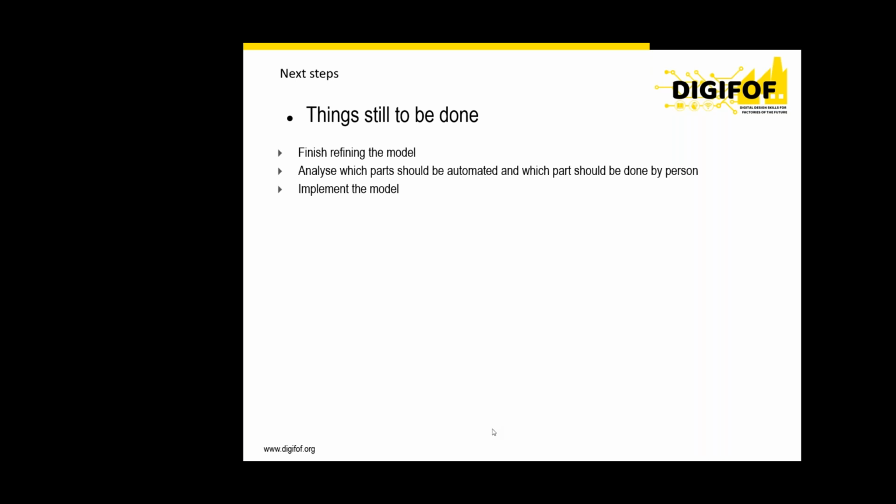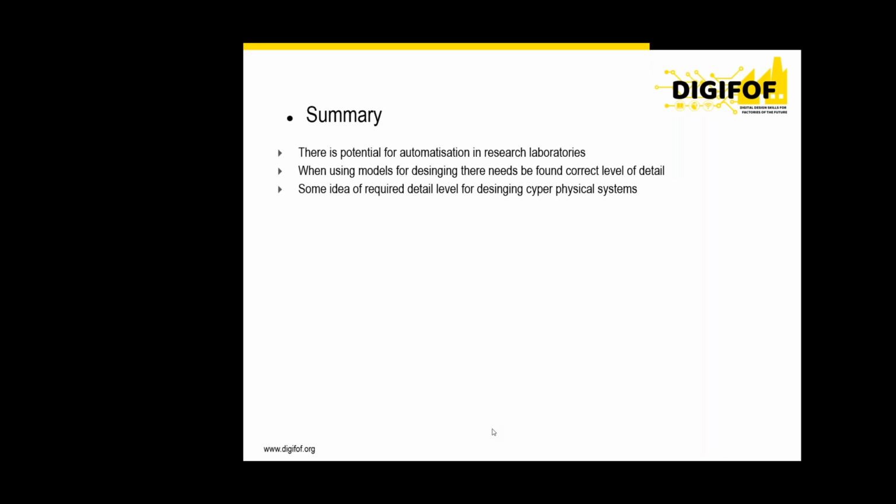We need to finish some of the other refining models. We should look more carefully at which parts should be automated and which parts should be done by a person, and then do the final implementation.